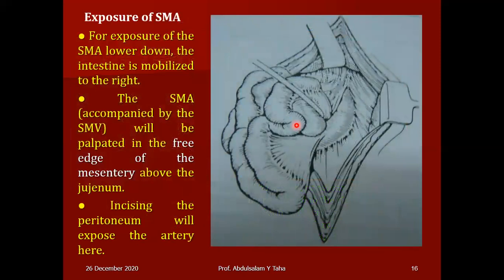So what we have to do is displace the small bowel to the right side, and at the free edge of the mesentery, we can feel the superior mesenteric artery accompanied by the superior mesenteric vein. And by making an incision in the peritoneum here, we can isolate the superior mesenteric artery.